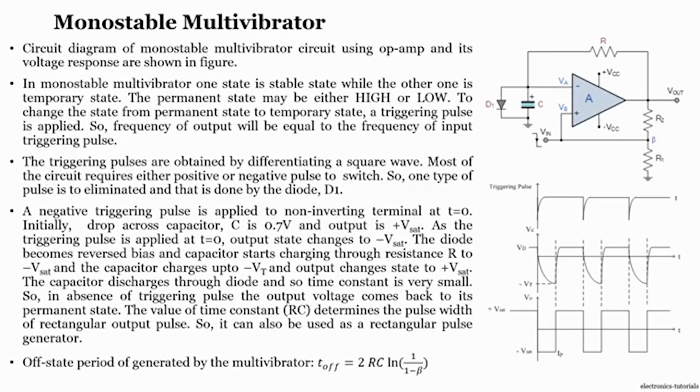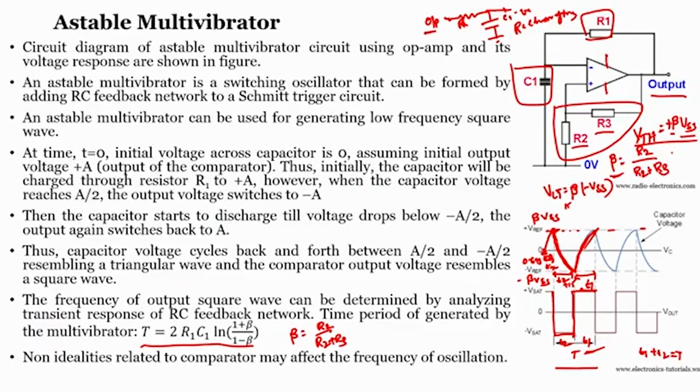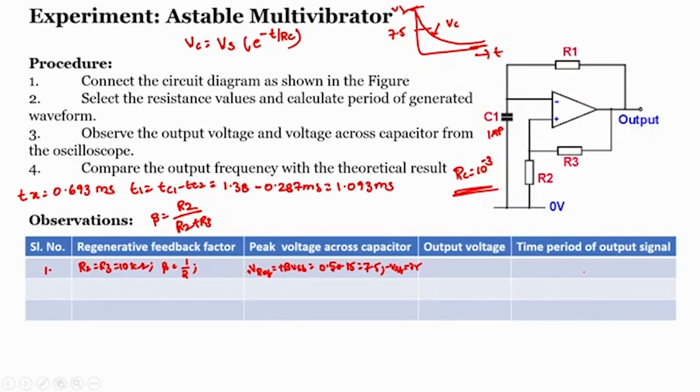is it discharging completely to minus 15 volts? No, it is only discharging up to minus V reference, that means somewhere in between, and I want to calculate the duration from this reference value to this reference value. This time duration I am calling T2, right.